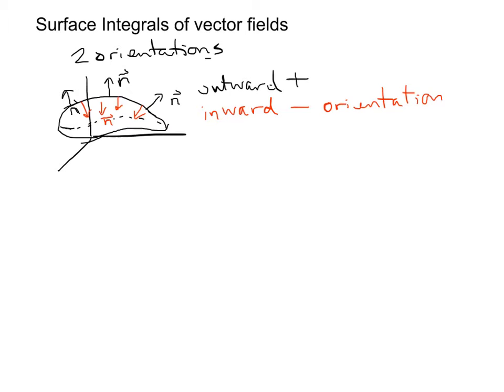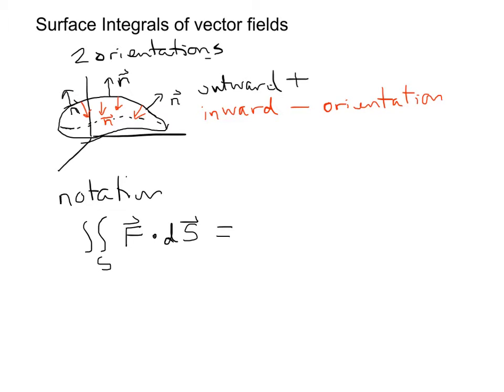Now let's go ahead and talk about what surface integrals of a vector field would look like. So, notation for these looks like the double integral of a vector field dotted with a change in a surface over S. This is just notation for it.